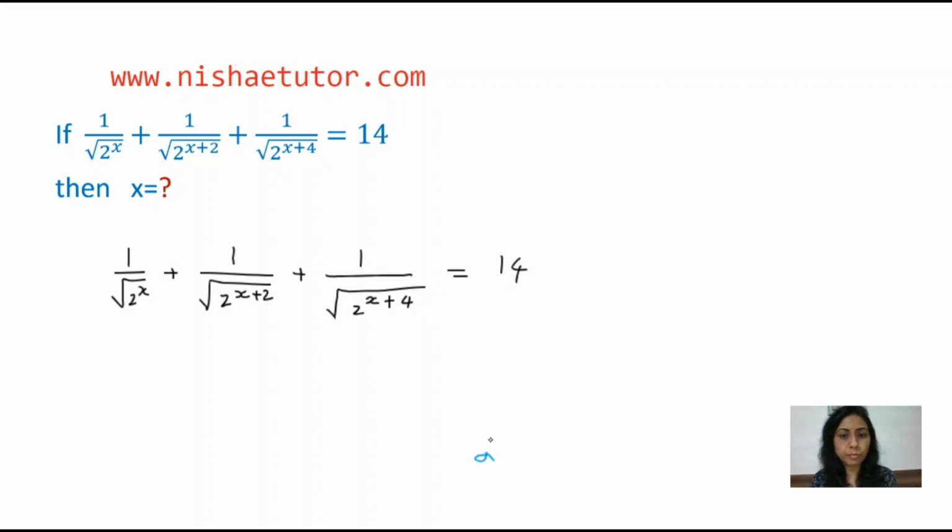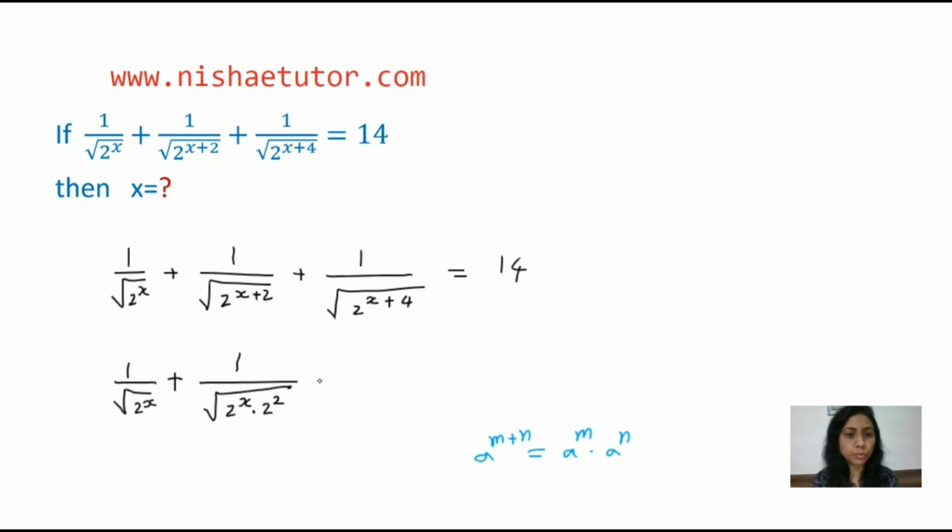We know that a^(m+n) can be written as a^m multiplied by a^n. This one we can write as it is, (1/√2)^x. Here we can apply this exponent property: (1/√2)^x multiplied by (1/√2)^2.